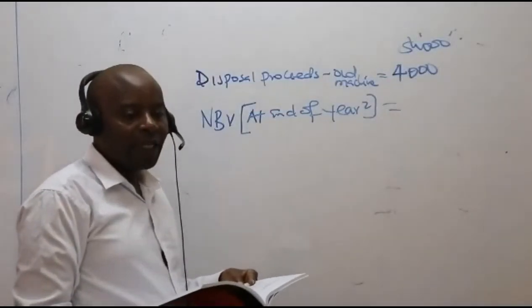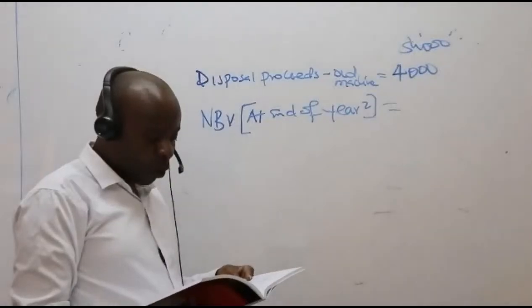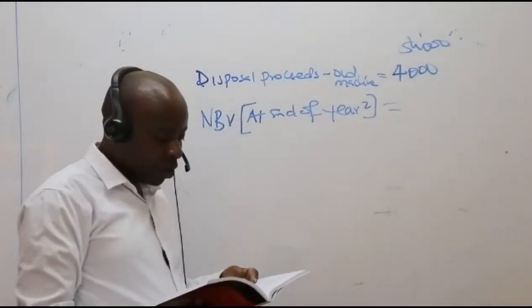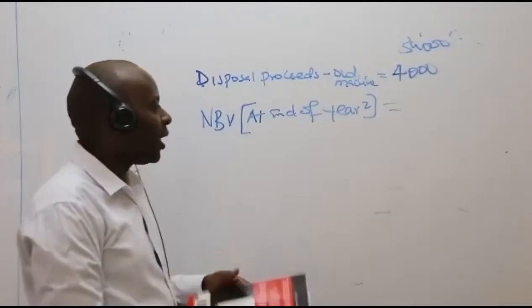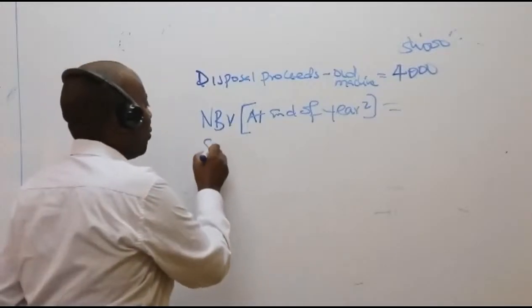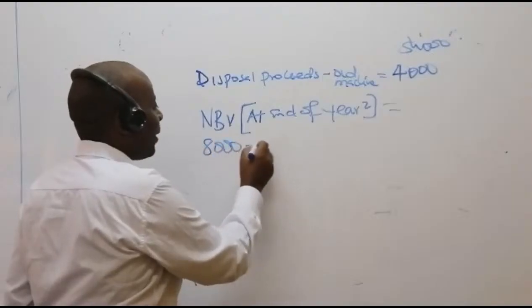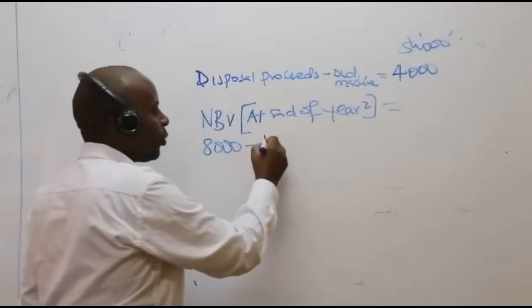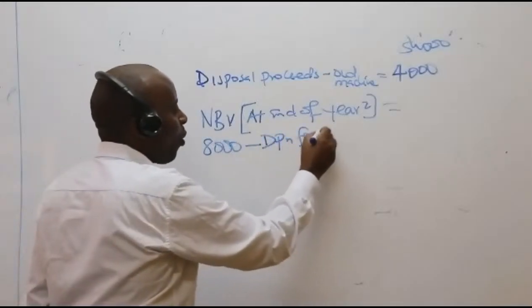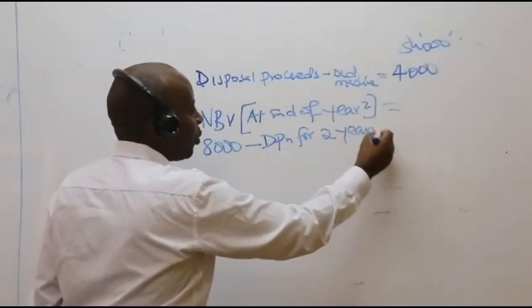No. They have taken the approach where they gave us the purchase cost, which is 8,000 of this old machine. So to get net book value, I'll take 8,000 minus depreciation for 2 years.